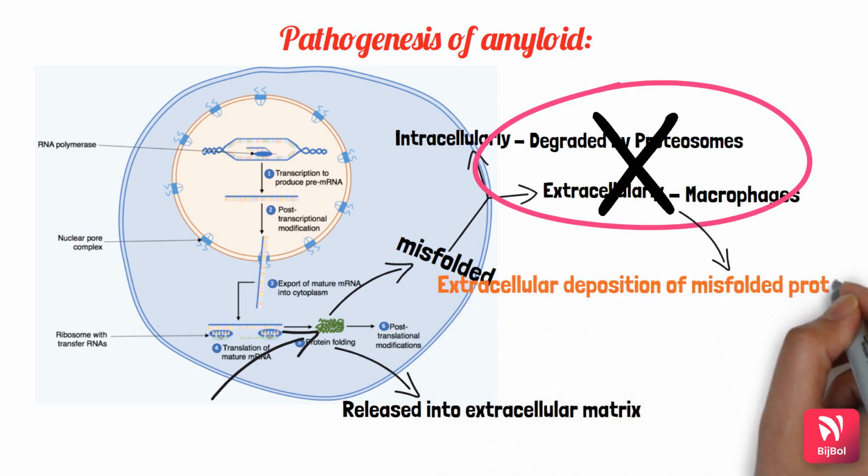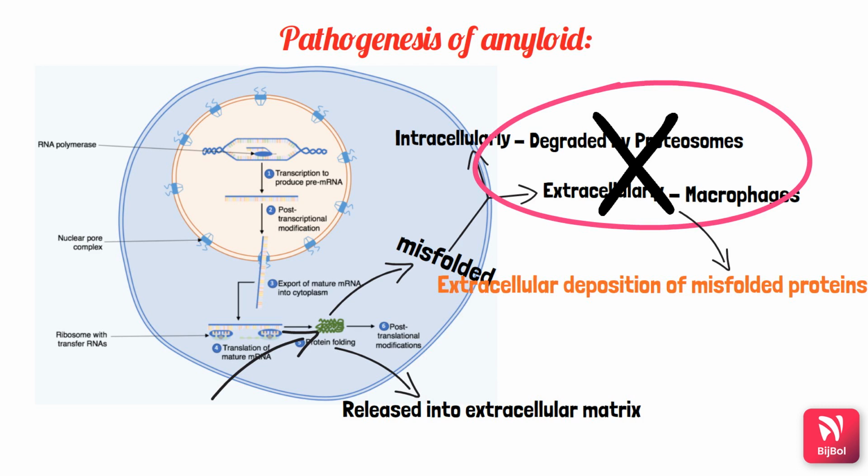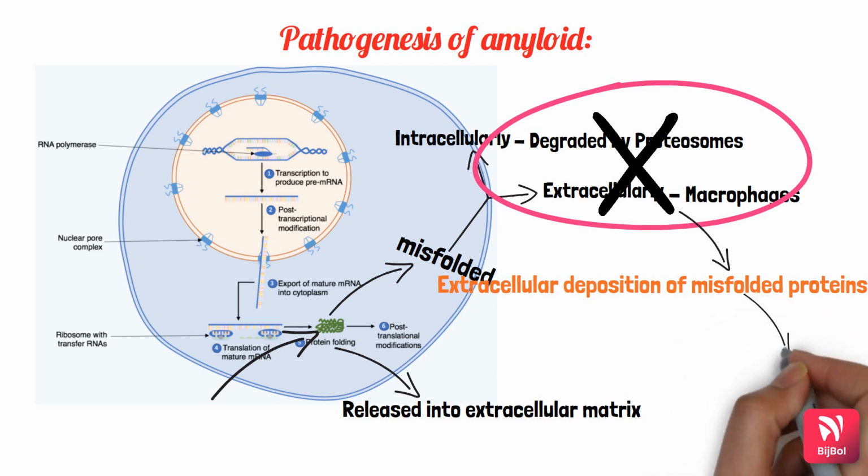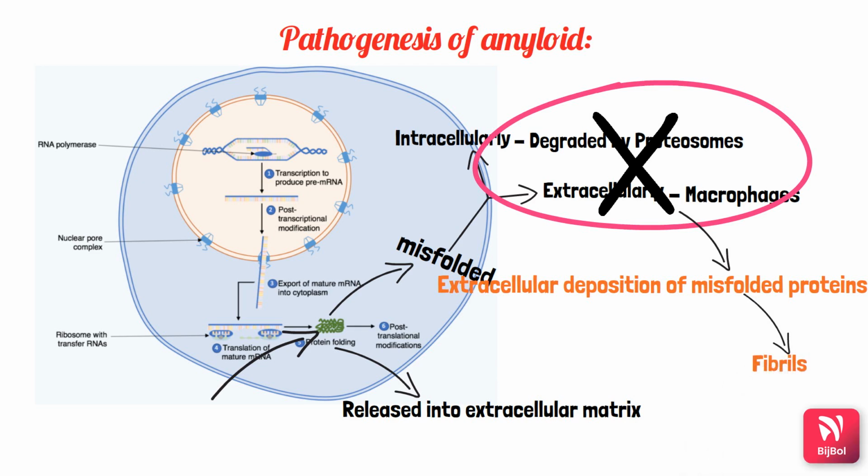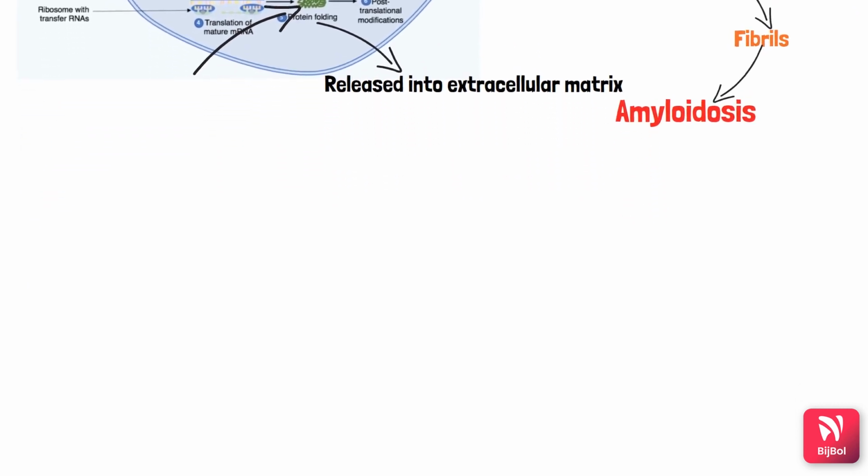This extracellular deposition of misfolded proteins occurs, and these proteins aggregate together to form fibrils. These fibrils aggregate one on top of another, giving rise to amyloidosis. So basically they are extracellular depositions of misfolded proteins, wherein a defect occurs within the protein or within the degrading mechanism.